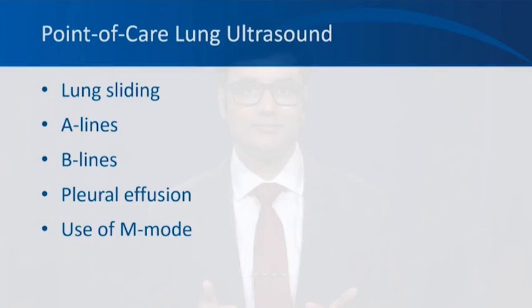We'll start with the lung ultrasound, and I'll discuss the key concepts of lung sliding, A lines, B lines, pleural effusion, and the use of M mode or the motion mode. Remember, we are not doing the comprehensive lung examination, but it's a quick attempt by the bedside to look at the patient's volume status.